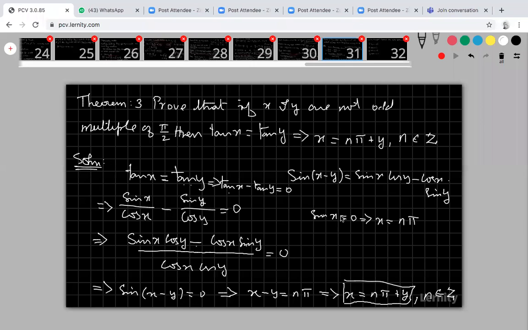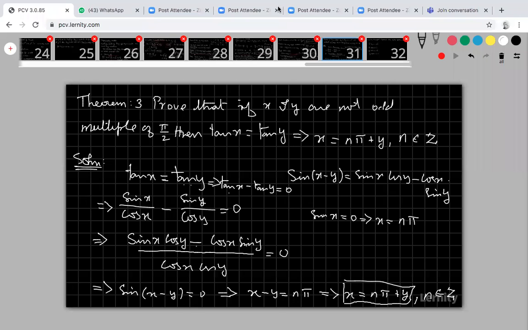I have a formula for that general solution. Only sin equal to 0 is needed here, so I'm using this known general solution formula. Based on this, I'm finding the general solution of tan x equal to tan y.